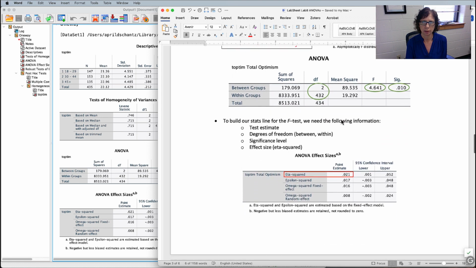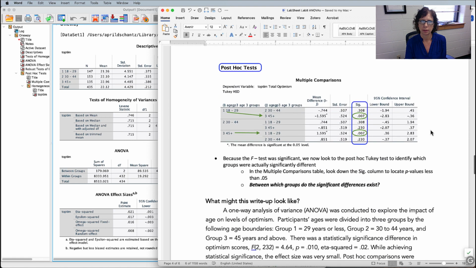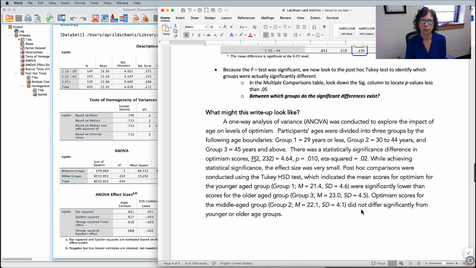And our information that we gather out of the ANOVA table to write up our F-stats line and the eta squared effect size. And then here's the breakdown of our post-hoc tests, looking at where, between which groups, which levels, were there significant differences. And now we're to what the write-up might look like.